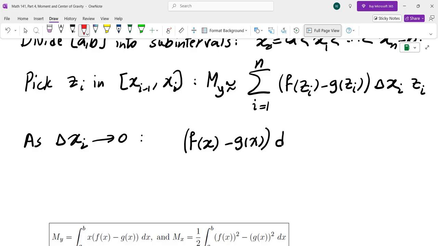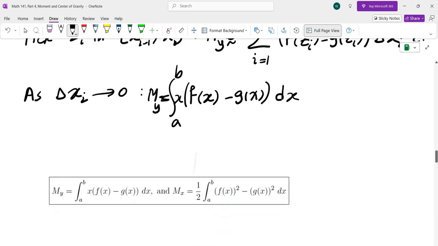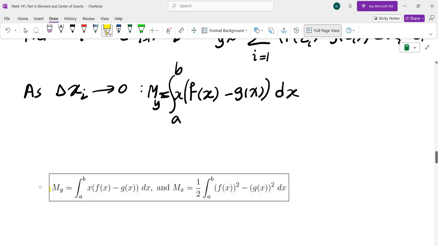So we do times x dx from a to b, and this would be m sub y. So I have the formula for m sub y as the integral of f of x minus g of x times x dx. So that's the moment relative to the y-axis.